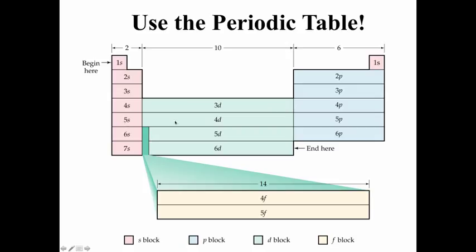And then 5s, 4d, 5p, 6s, 4f, 5d, 6p, and then 7s, 5f, 6d, in that order, fills out the rest of the periodic table, and we can think of these as being the s block electrons. So this will be the highest energy electron in an s block. Here are the p block electrons. Highest energy electron will be in a p subshell. D block electrons and F block electrons respectively.